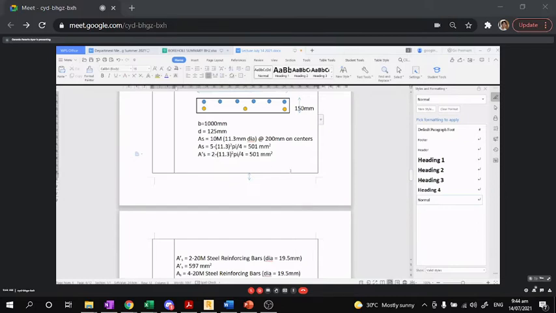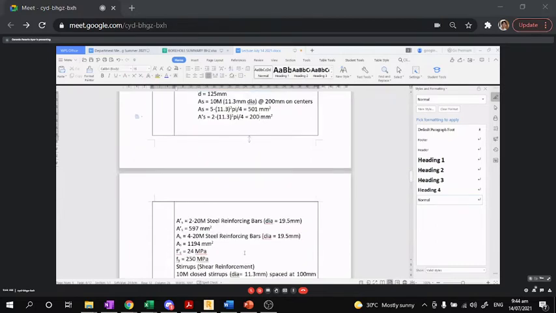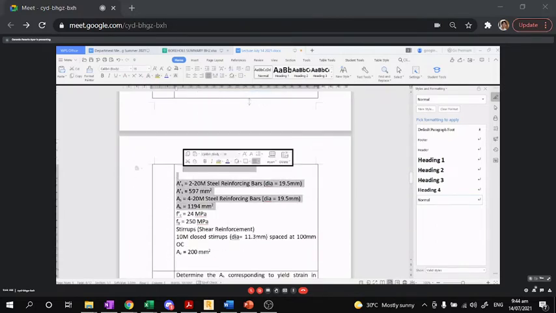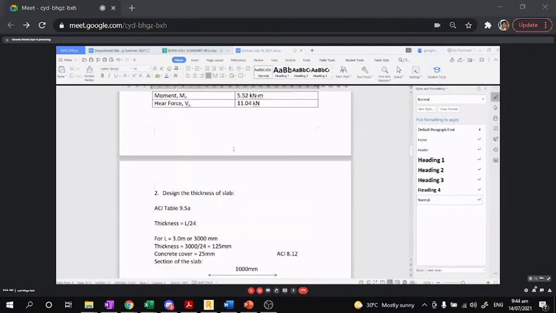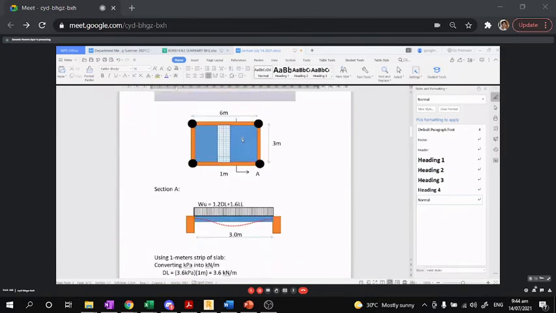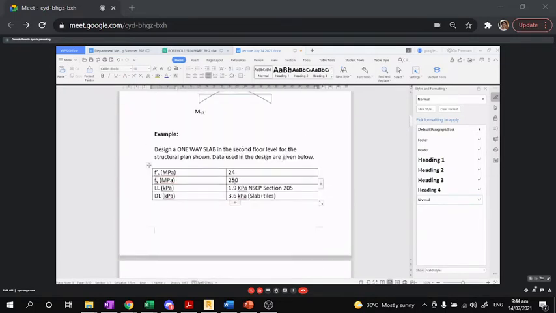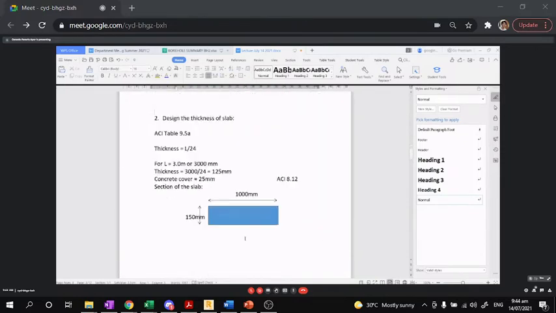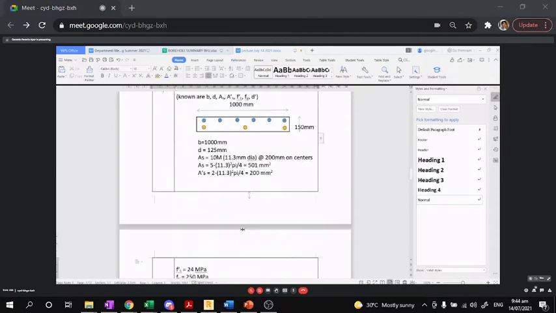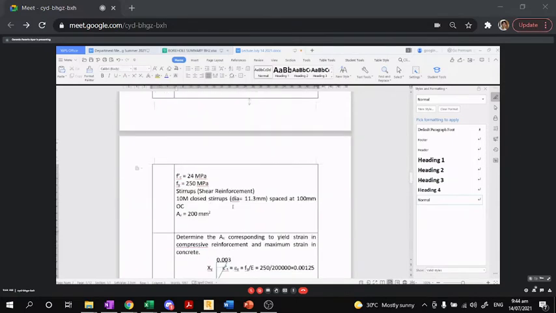So, 200 mm squared is prime ES. So, this one is still the same, I think. FC prime 24 and 250 for FY. So this will become the same. Then there is no stirrup, so I will not consider that.